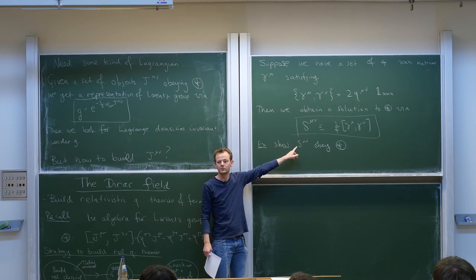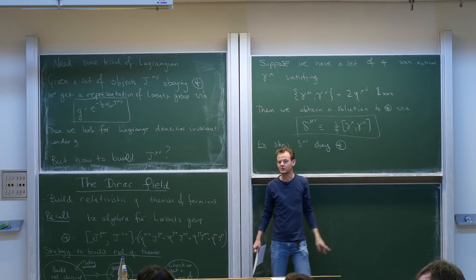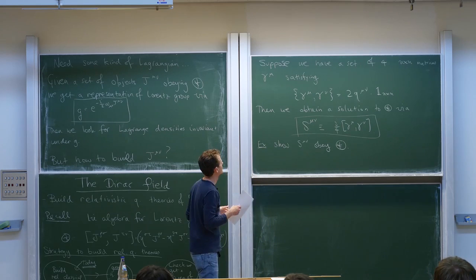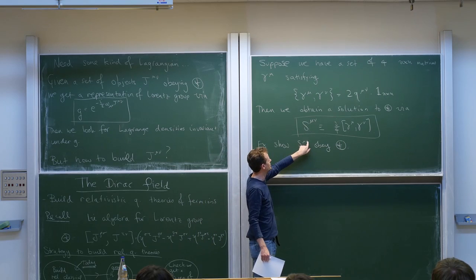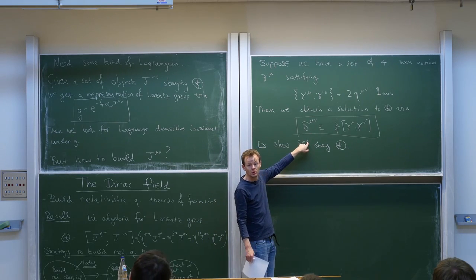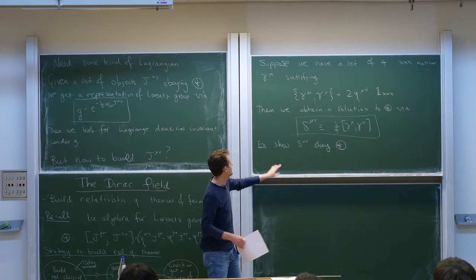Well, what can we say about these 16 objects? Well, there aren't 16, right? What happens when mu equals nu? We get 0. So there's certainly no S mu mu. And if mu is less than nu, then that's just the same as minus S of nu mu. So this is kind of nice.